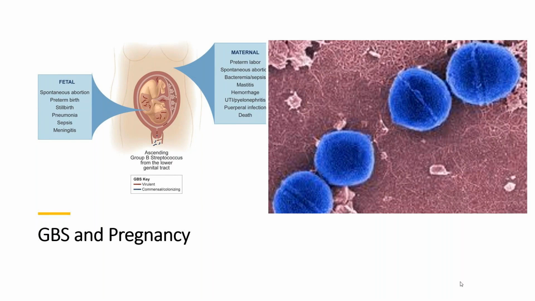As for the fetus, it may cause spontaneous abortions, preterm birth, stillbirth, pneumonia, sepsis, and meningitis, and that's obviously in the postpartum period. So it may be without any symptoms, but it may cause very severe outcomes.